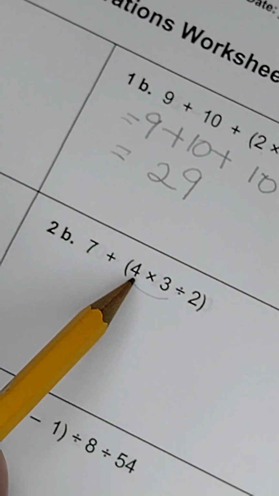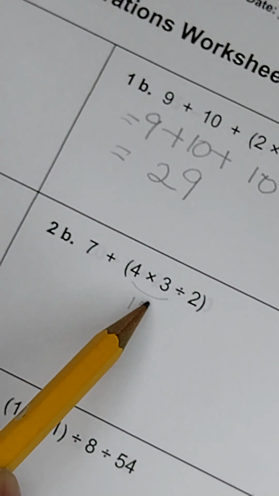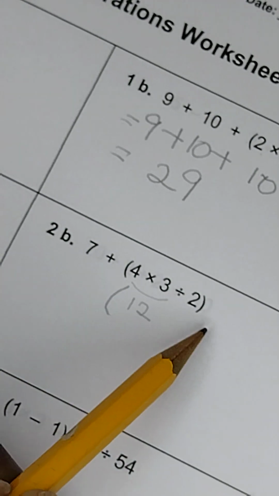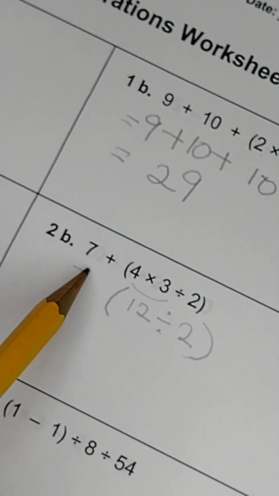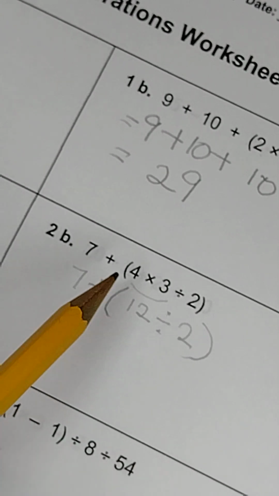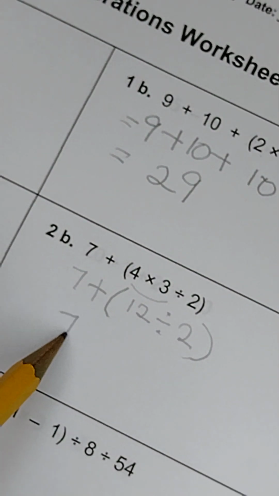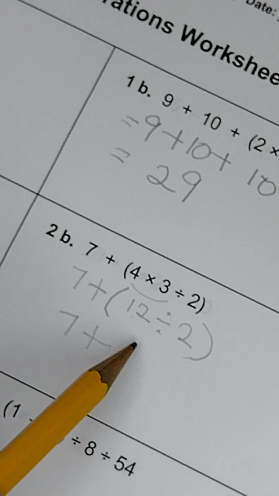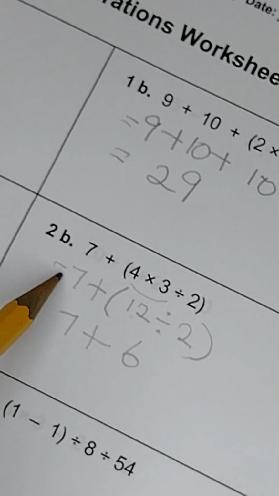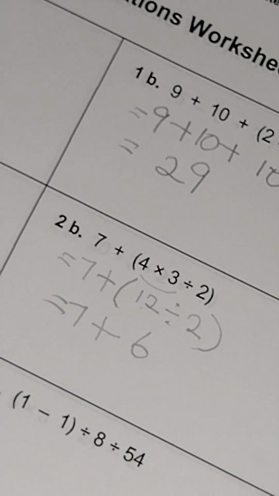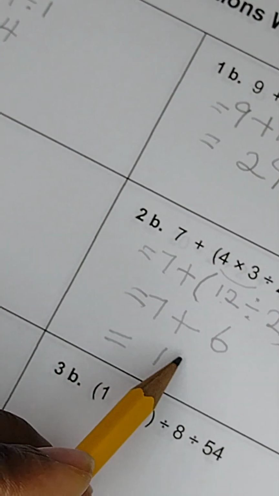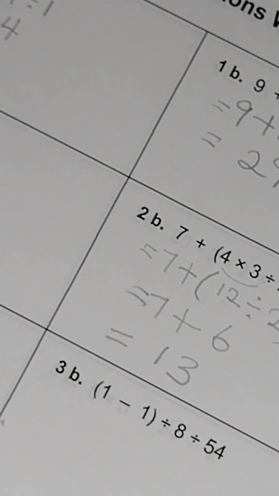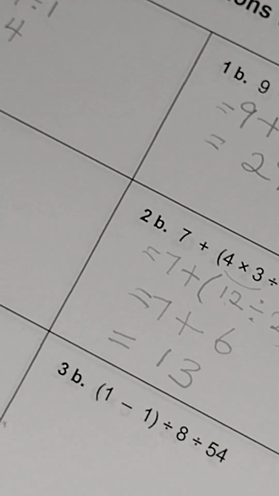So we deal with this first. 3 times 4, we have 12. So this is still the bracket. And then divided by 2. So we'll bring down everything else. Now we have 7 plus 12 divided by 2, and that's 6. And then 7 plus 6, and we have 13. So our final answer for that one is 13.